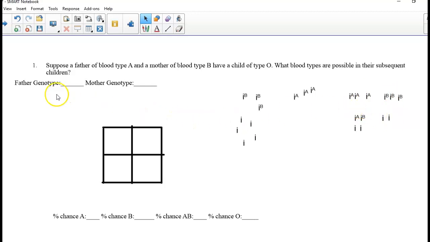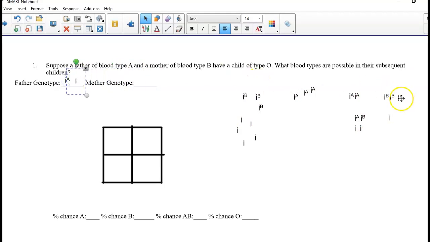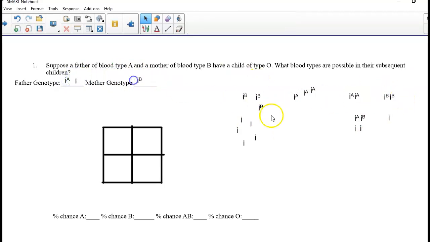So what that means is I know the father's genotype has to be IAi, and I know that the mother's genotype has to be IBi. If either one of them had the homozygous version of IAIA or IBIB, they would not be able to have a child with O-type blood. So that's how we can tell. If you weren't sure how we figure out that, that's how you can tell.